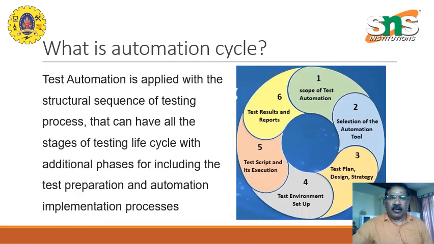Now moving on, what is an automation cycle? Automation is not only used for industrial automation, it is also used in the IT sector, where testing automation is done, such as software testing.